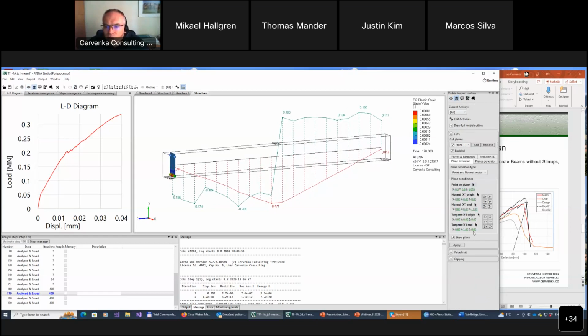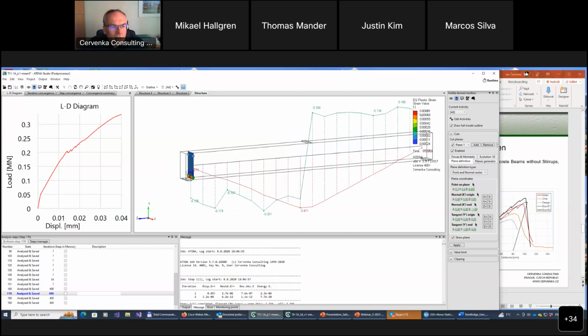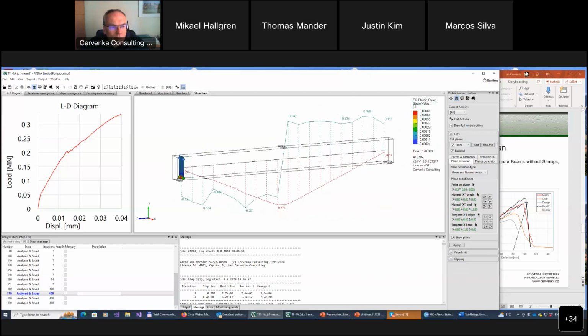And it works such that you first define a plane, which I defined here. So this is the initial cut I define. You can then see, we can also use these cut definitions to plot some stresses on them or whatever quantities we need. But we can also use this cut and this plane generator where we say, I want to generate 20 planes starting from some location, or I can pick a point.